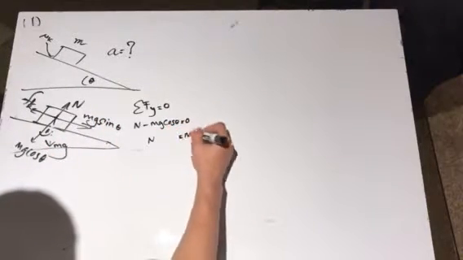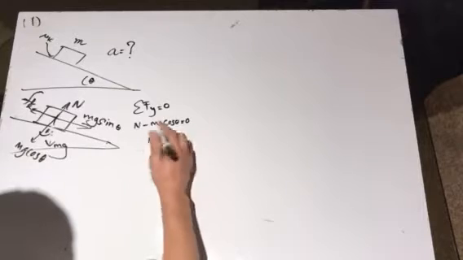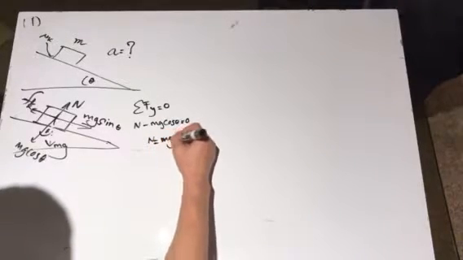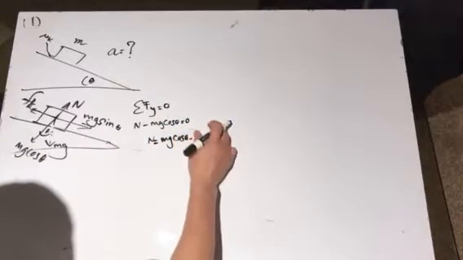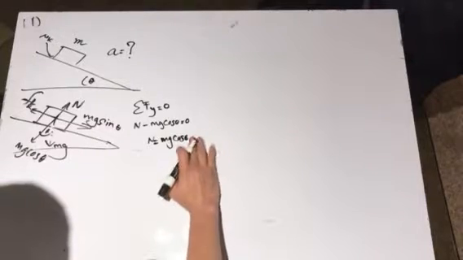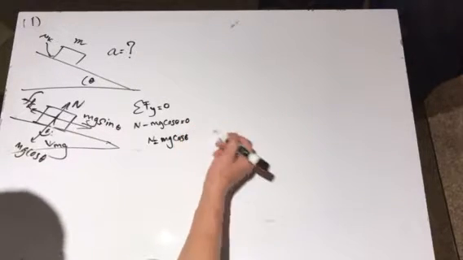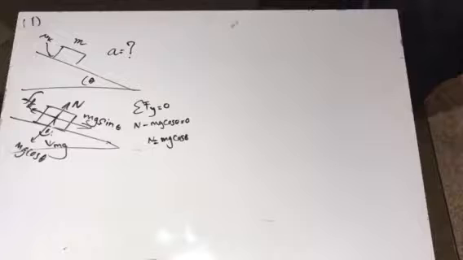So normal force is equal to mg cosine theta. N is equal to mg cosine theta. Okay, that's what it is.